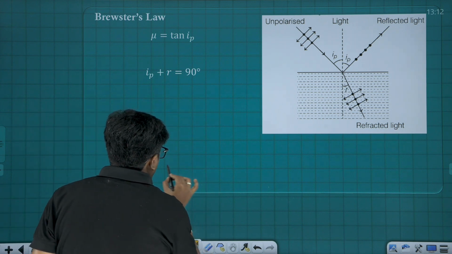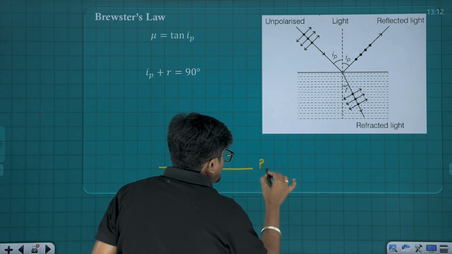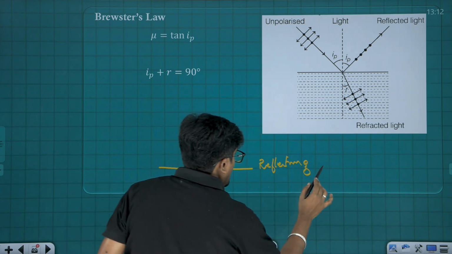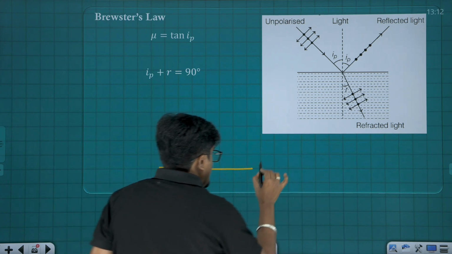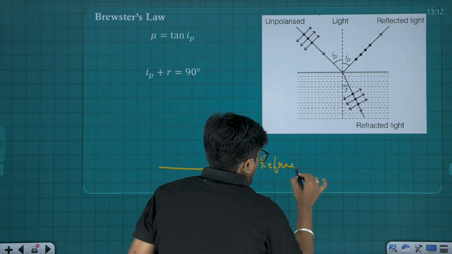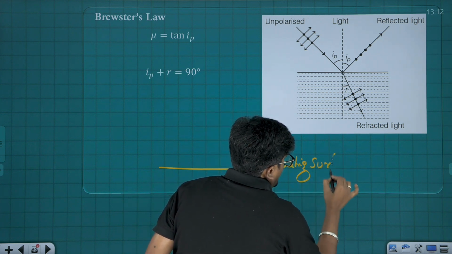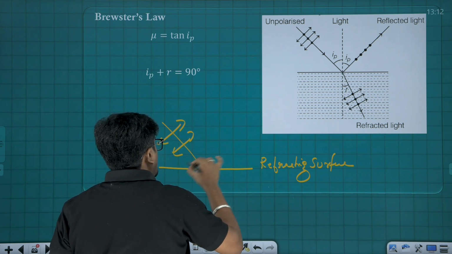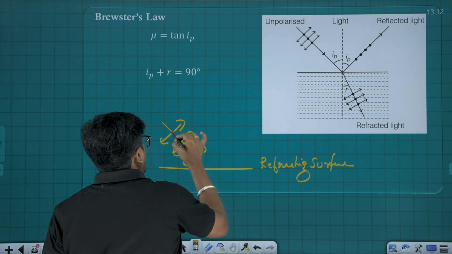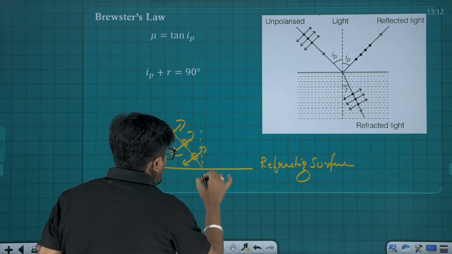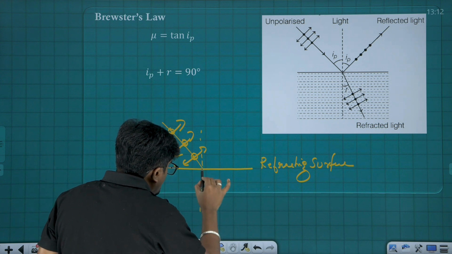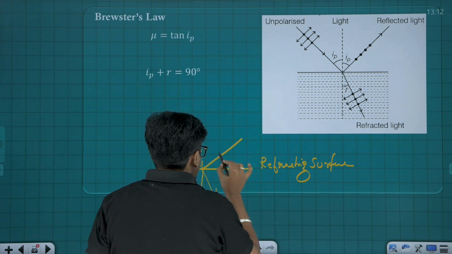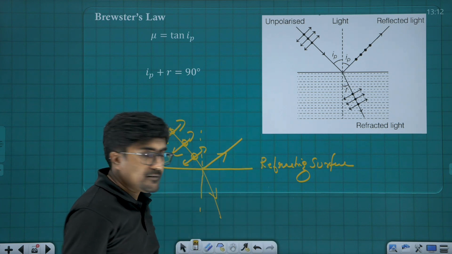Next is Brewster's law. Brewster's law says, if this is a refracting surface, and here an unpolarized light is coming at a particular angle of incidence, light gets partially refracted and partially reflected.